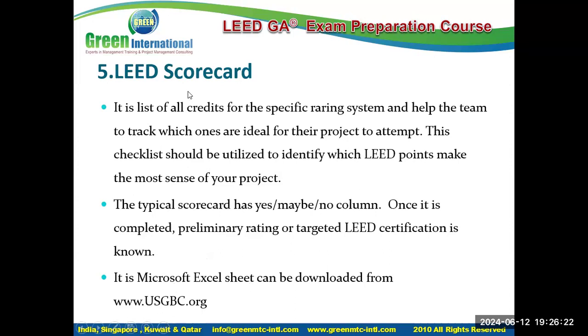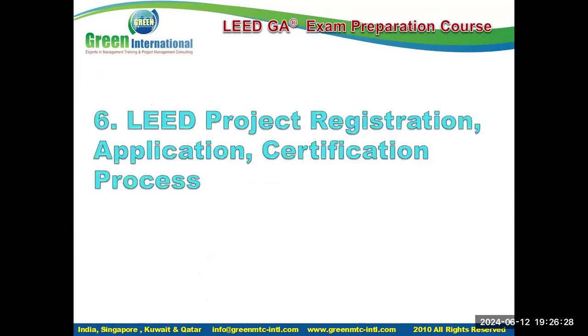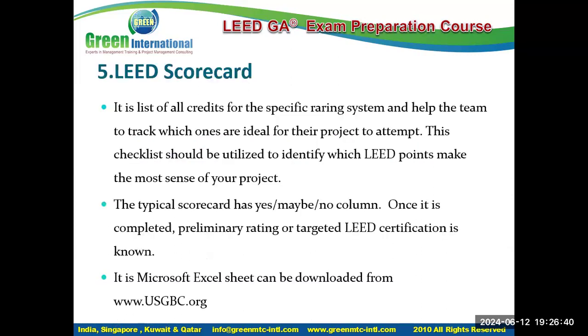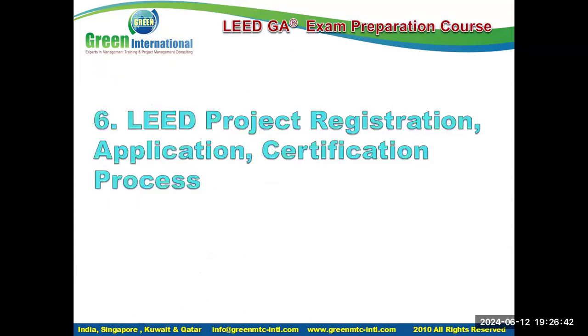In that, you go to LEED scorecard, select your rating system, and print out that Excel sheet. So for any question about justifying your rating system, the minimum program requirements and the categories, we saw the charrette meeting and scorecard. Any question?